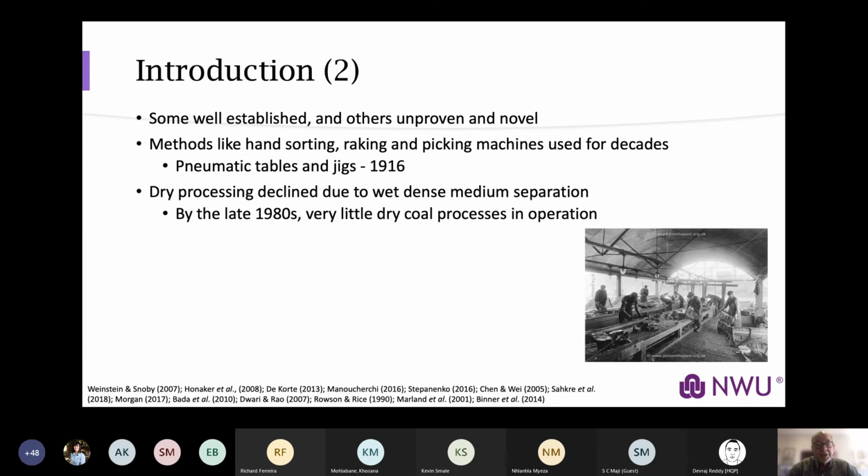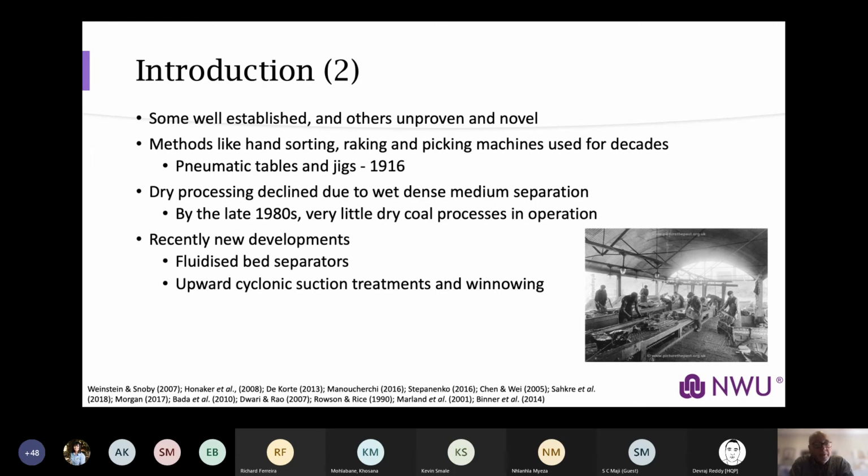It became so easy, so cheap, and so efficient to run these wet DMS cyclones and other DMS machines as well. So by the late 1980s, very little dry coal processing was in operation because there was no need for that. There was no economic drive, and certainly not an environmental drive.